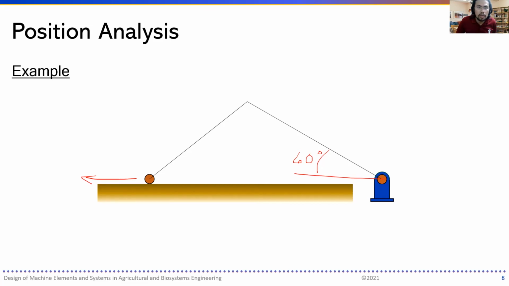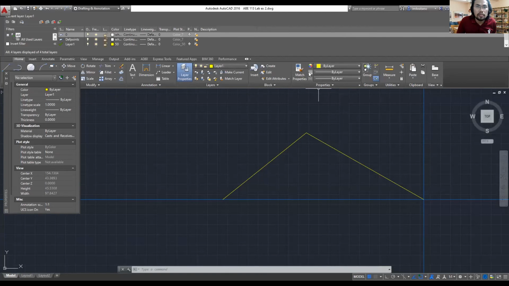And what we have here is the simplified link mechanism between the pin joint and the roller. What needs to be done is to identify the position at 75 degrees, when this link moves to that position. Now, to do so, we rotate this link, and this is a graphical solution.